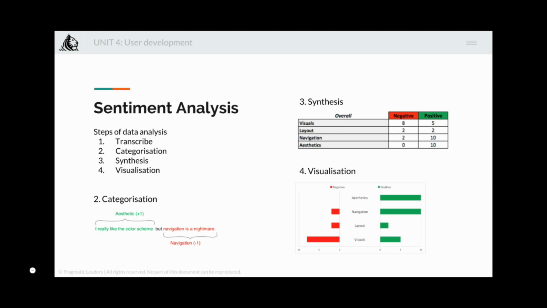So it can be helpful to divide the statements into parent categories, for example, overall and features. Comments that fit within the overall parent category typically reference product areas that are omnipresent and general in nature. Within the parent category of overall, we use children subcategories such as aesthetics, navigation, layout, and what have you.